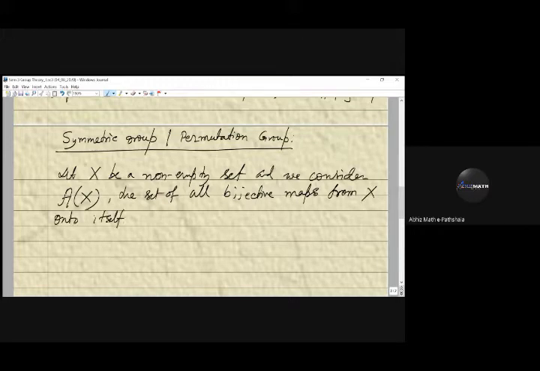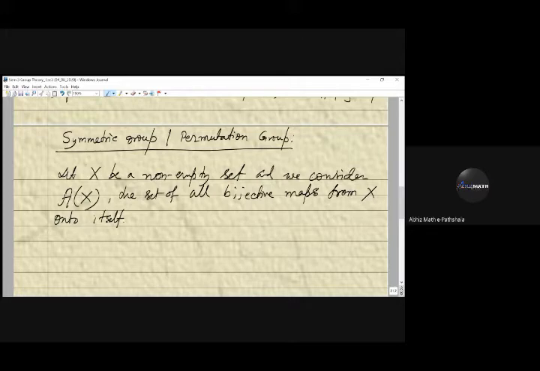That is, we are concerned about all those bijective maps defined on X onto itself. That is the bijections from X onto X.